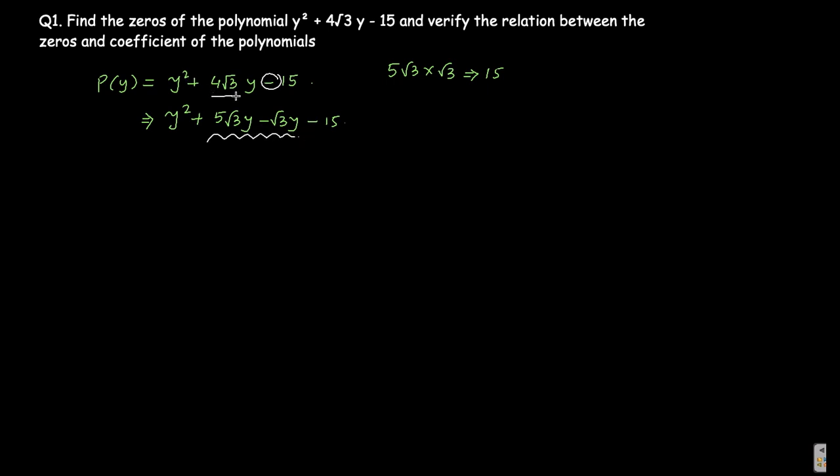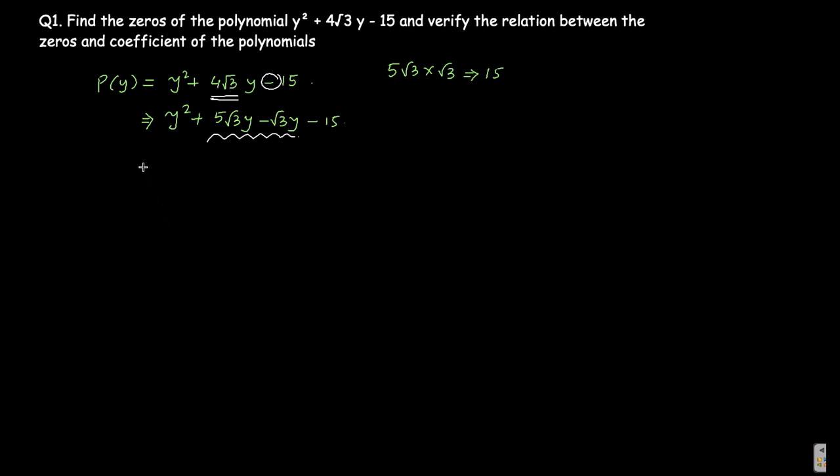Here it is minus, so we have to split the middle term such that the difference of the two factors gives the middle term. If it is a plus sign, we have to add the two factors to get the middle term. Here it is minus, so we subtract to get the middle term.